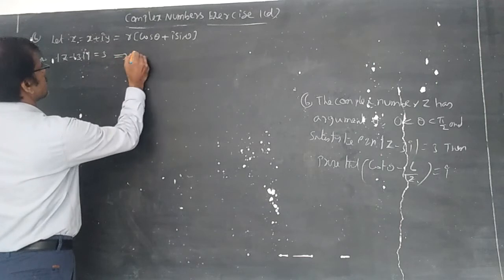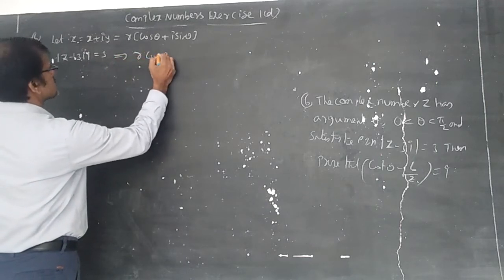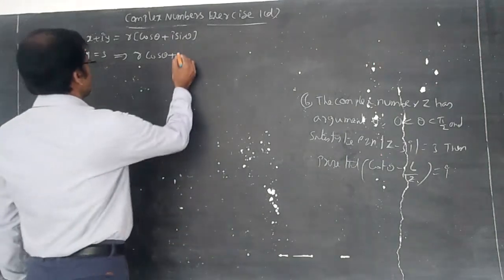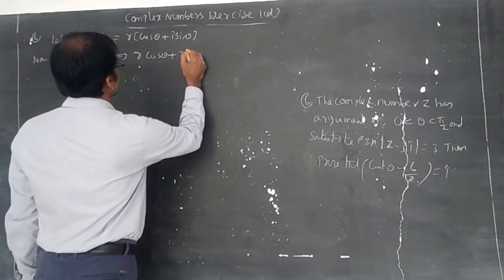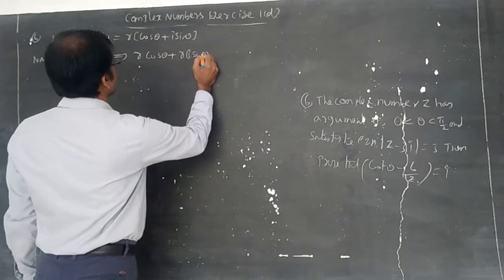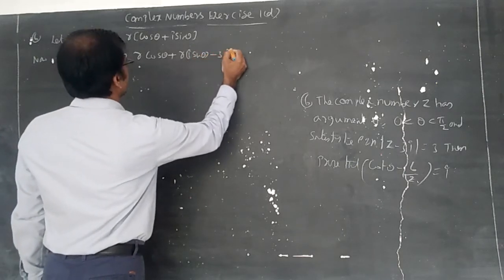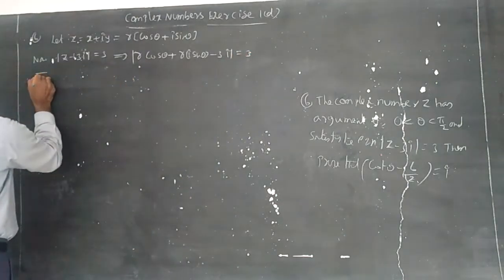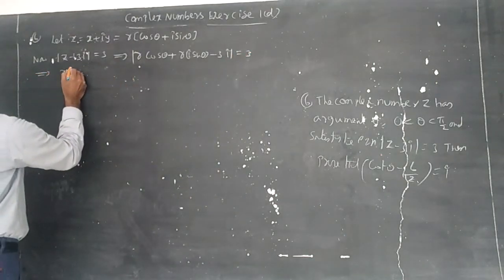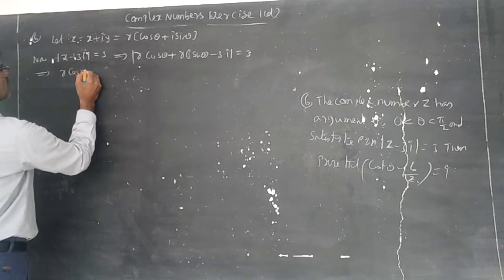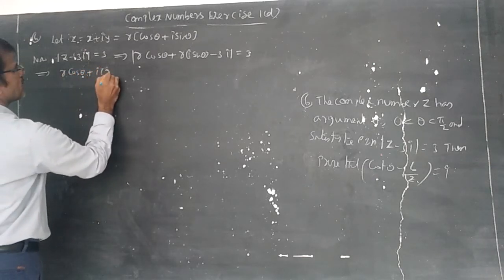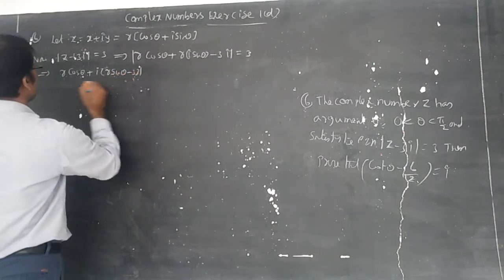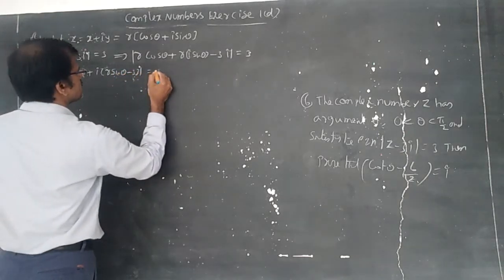That implies r cos theta plus i r sin theta minus 3i, over modulus, is equal to 3. That implies r cos theta plus i, taking common, r sin theta minus 3, over modulus, is equal to 3.